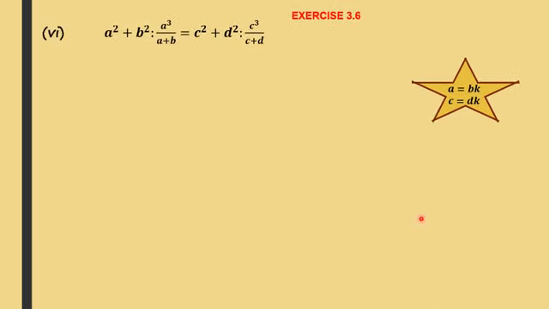Now, the next part is (A square plus B square) ratio (A cube over A plus B) is equal to (C square plus D square) ratio (C cube over C plus D).